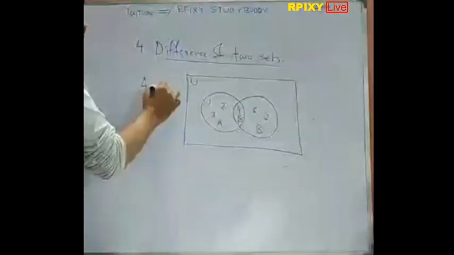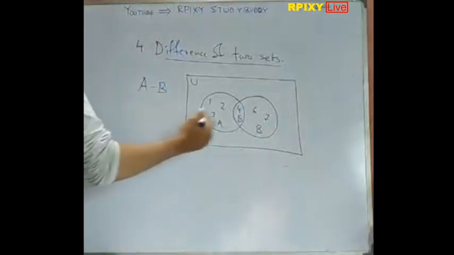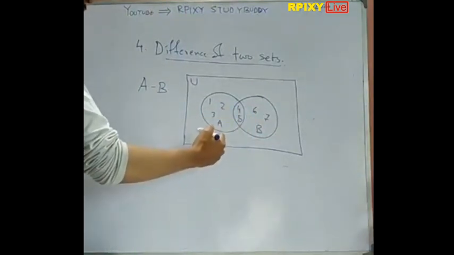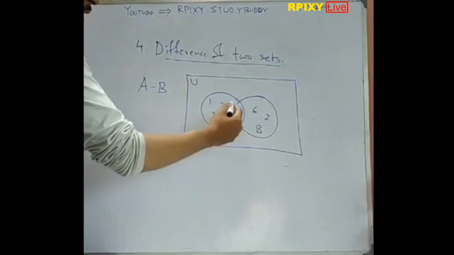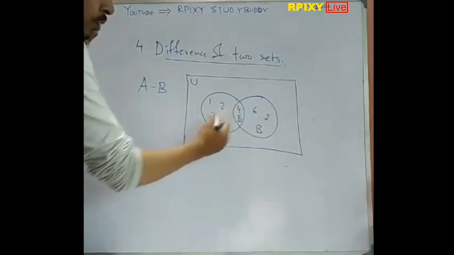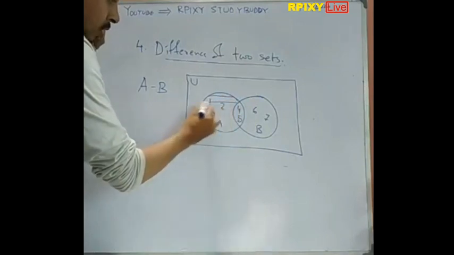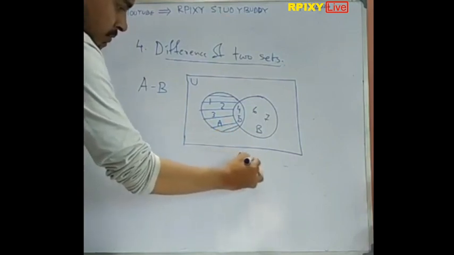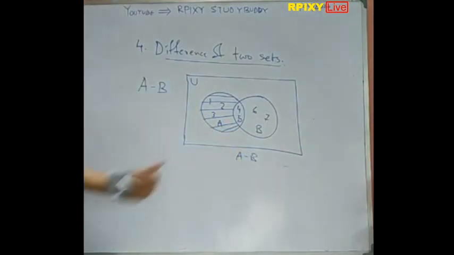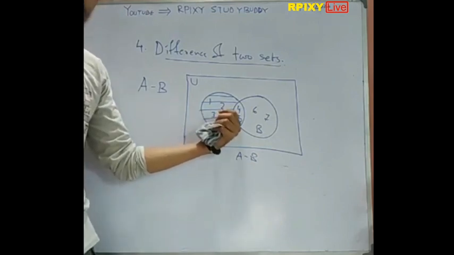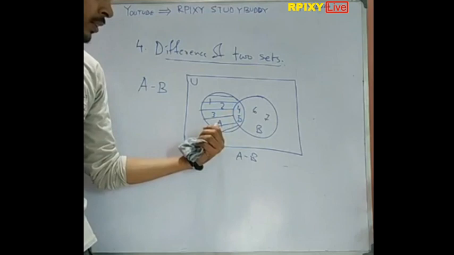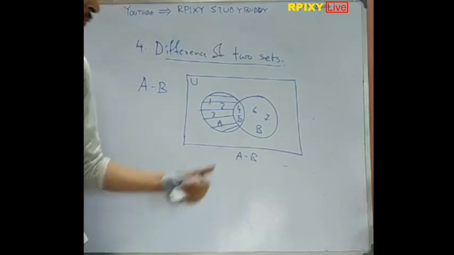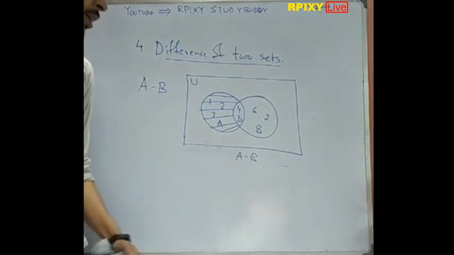Here the set will be those elements which are from A and not from B. So you have to take the elements from A which are not from B. So this is the set A minus B. See, you have to eliminate the common part. So I am taking the elements which are from A and not from B. So this is the Venn diagram of A minus B.